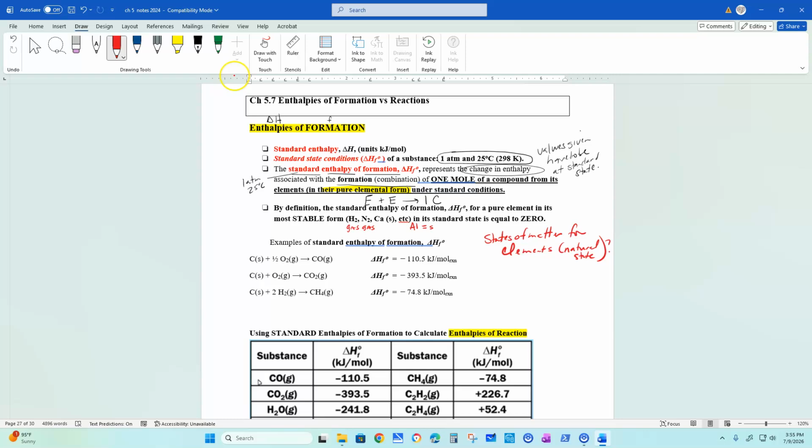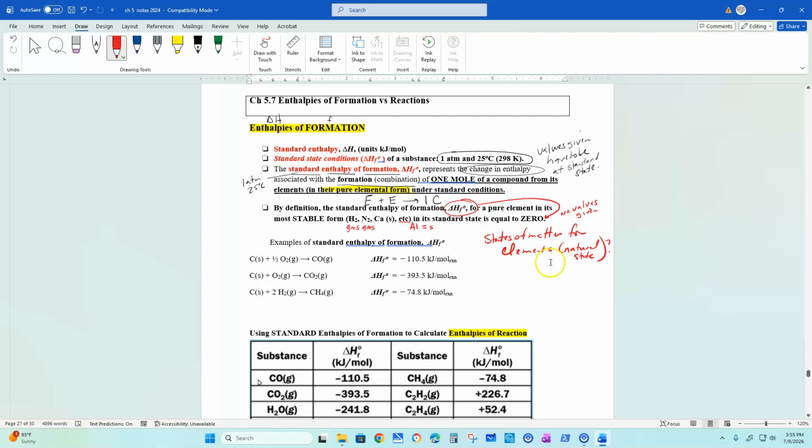What you find is that all of their standard enthalpy values, we don't even have to look them up. They are all 0. So all of the standard enthalpy values in their standard state are all 0s. So no values will be given if they're in standard form, pure elemental form.